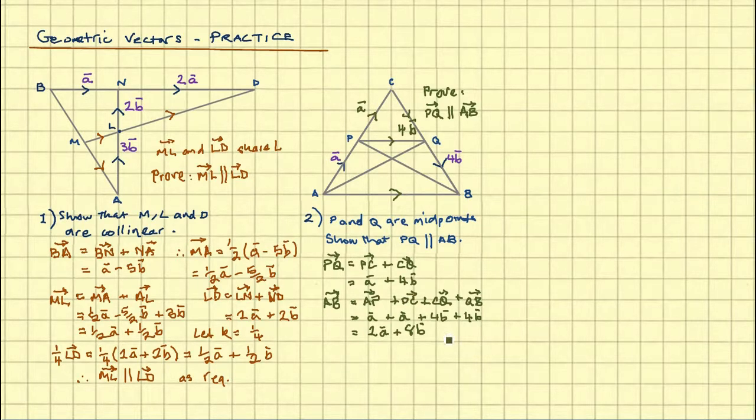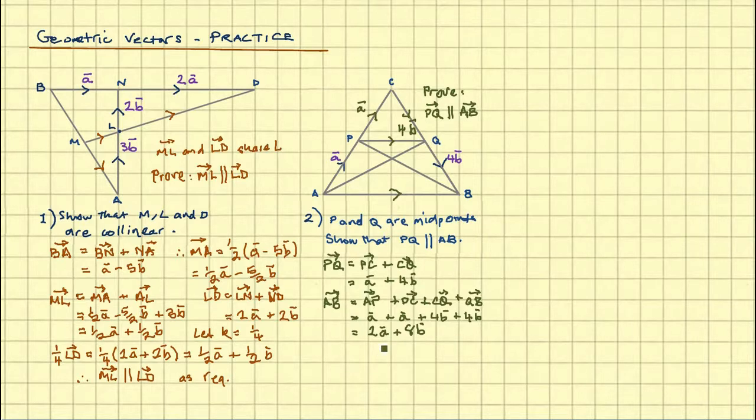The next and final stage is to prove that PQ is parallel to AB. So pause the video if you know how to do that and give it a go. Okay, well, to prove that PQ is parallel to AB, we know that would mean PQ is equal to some constant k times AB, scaling AB.